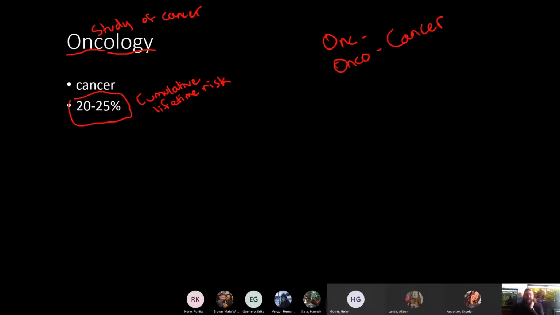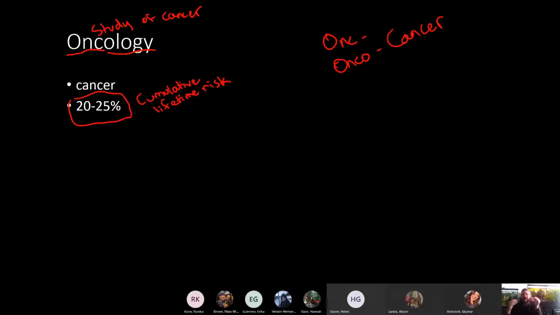That means, like, it's not a quarter, you're not flipping quarters to see if you get cancer. It means that the longer you have been alive, the greater your chance gets, so that by the time you hit the end of people's lifespans, 20 to 25% of people have ended up with cancer.